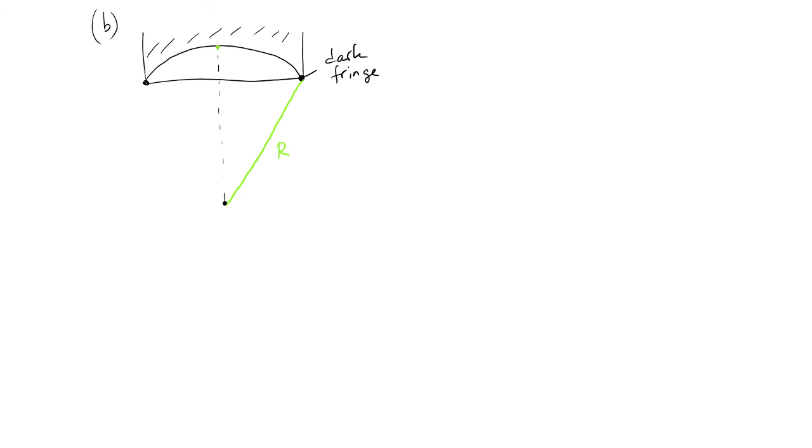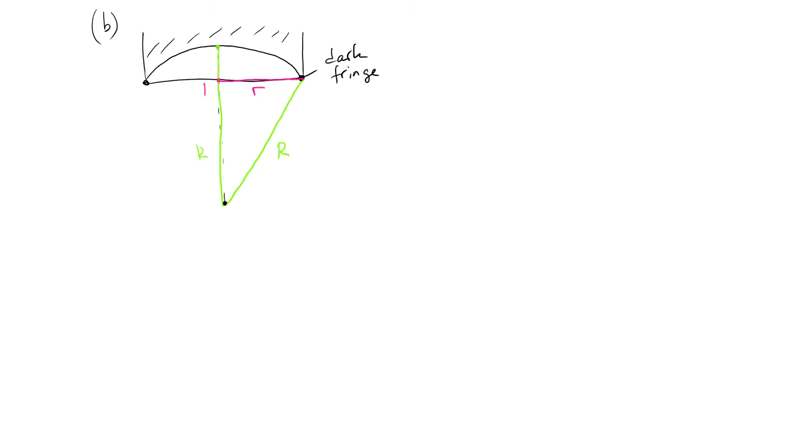So from here to the center of the curvature is also an R, while from this point, the pink point, to the edge is the radius of our dark fringe.